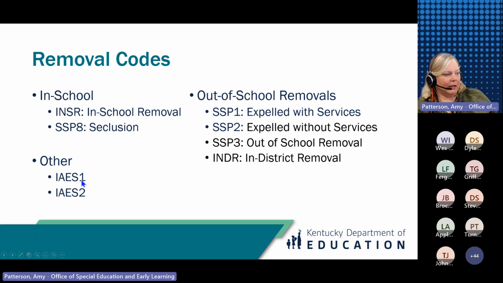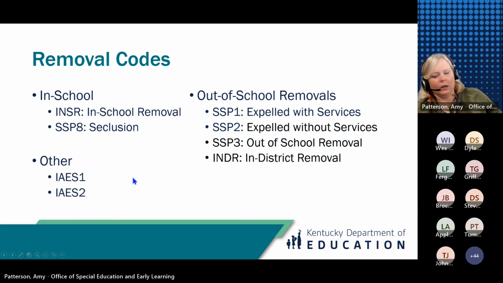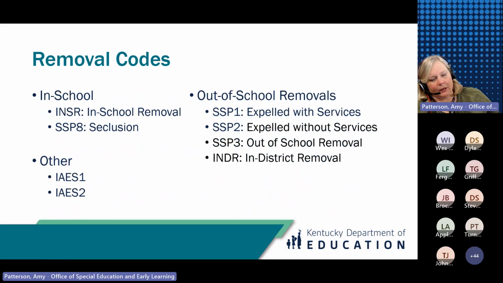That's typically a unilateral removal by school personnel or a removal by the hearing officer for up to 45 days. But it has to be one of three very serious incidents involving drugs, weapons, or serious bodily injury. It has to involve one of those things, or it cannot be considered an IAES.